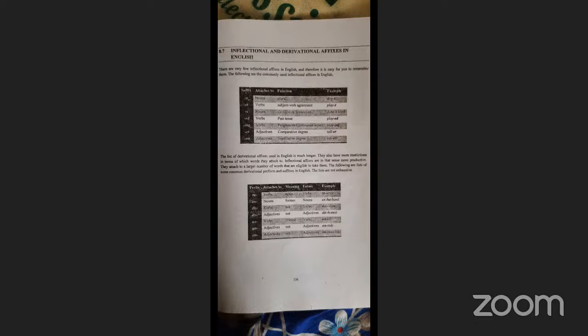For example, you have a word called telephone. Through the method of clipping, you chop off "tele" from telephone, and you have a new word called phone.